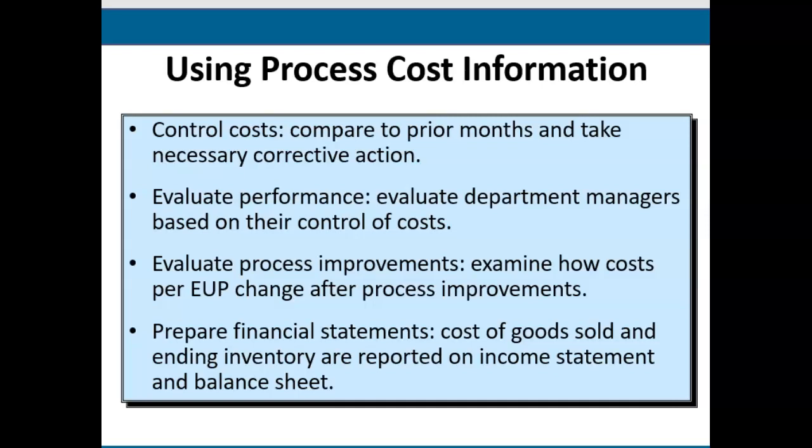And with looking at the improvements, we look at how costs per EUP change after process improvements. And with the financial statement preparation, we have the cost of goods sold and the ending inventory. Cost of goods sold is on the income statement, and the ending inventory is on the balance sheet. Remember, inventory is an asset.